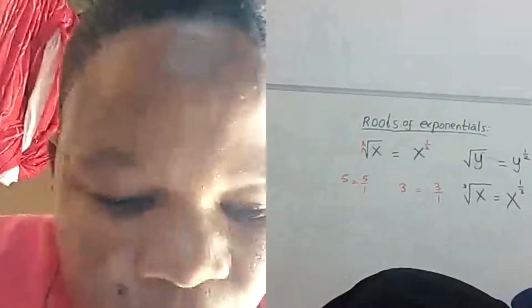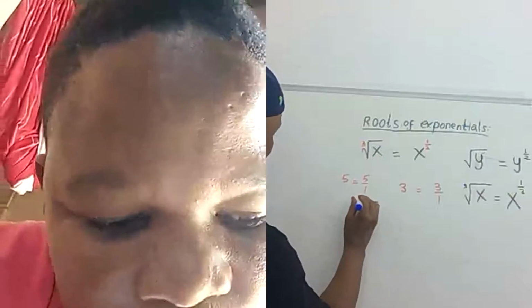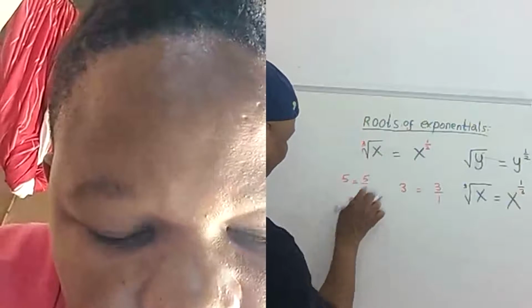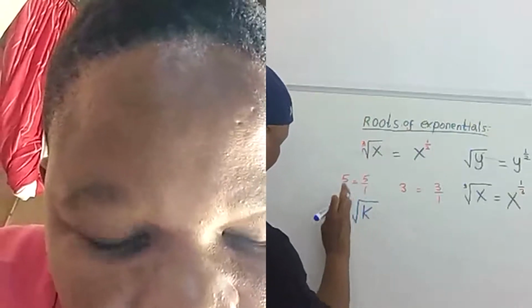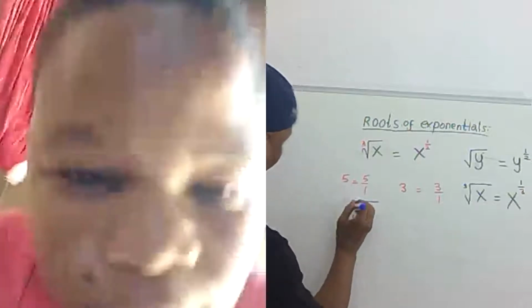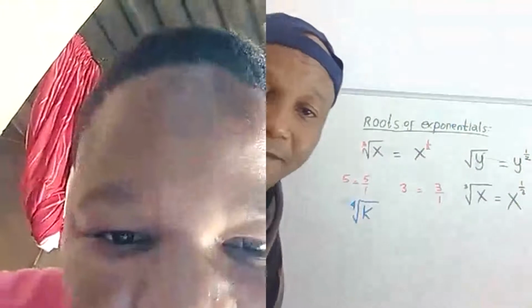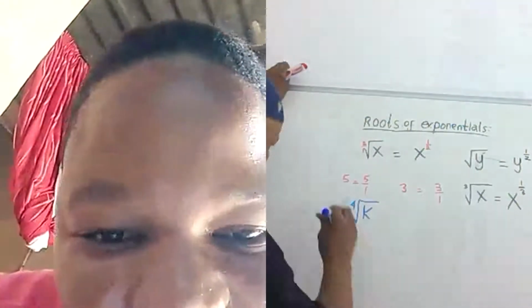Now, question to Sthembiso. Let's just say 4. I'm going to do this. How is this going to become? Explain to me. It's 4/1.